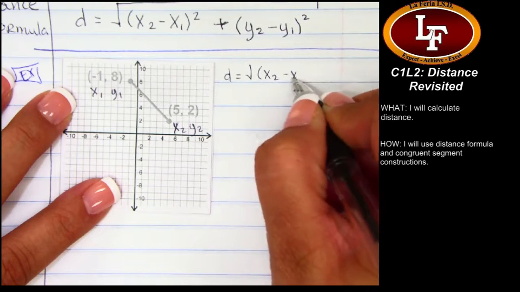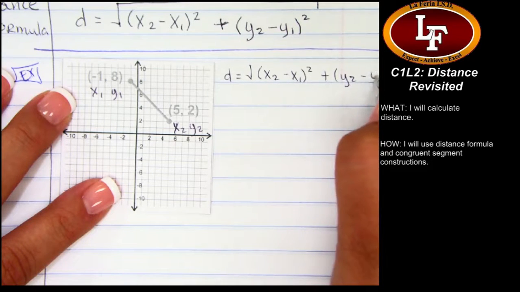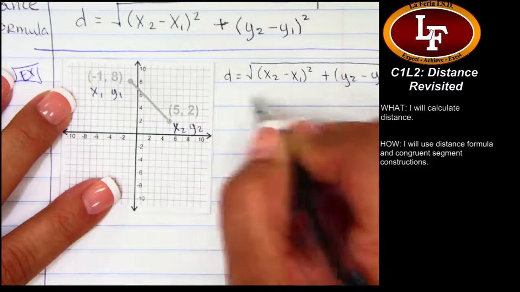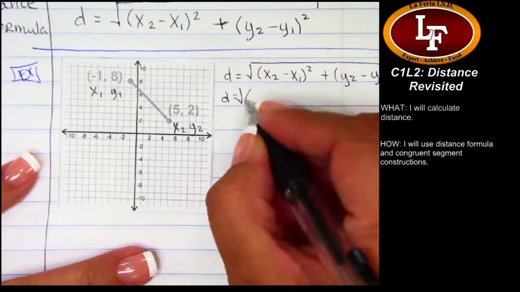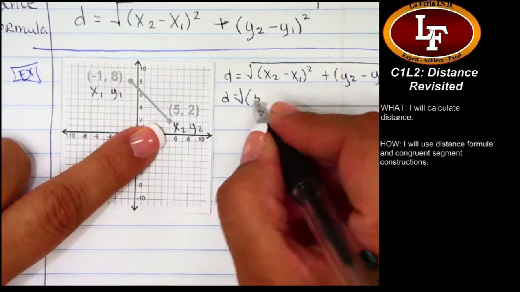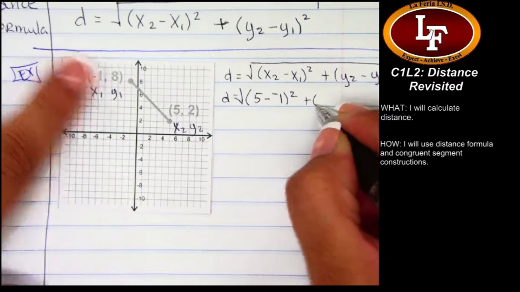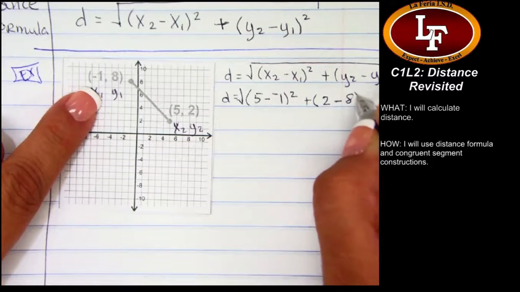I'm going to highly recommend that when you start using these formulas, you always rewrite the formula that you're using, just so that you can keep track of what you're doing. All right, now we're going to substitute in. Here's x2. Here's x1, here's y2, here's y1.